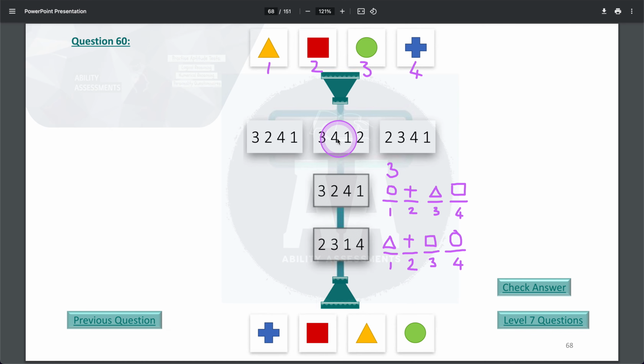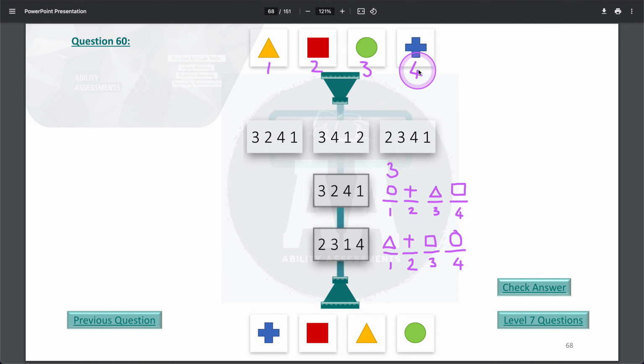If we look at the solutions, we can already eliminate some of them, because only these two begin with the number 3. So our answer is going to be either this one or this one, because this one starts with a 2 and we have a 3 at the beginning. The next one, let's look at the cross. Where is the cross?